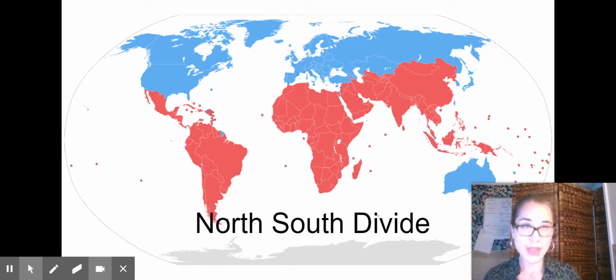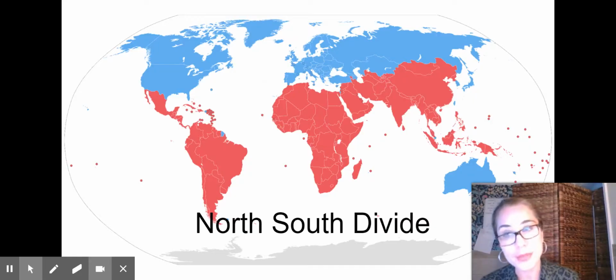Okay, so we've come to the end of all of these specific indicators, and now I want you to think about patterns. When we think about patterns of development, it's important to look at the big picture and think about what is where. This map shows something we refer to as the north south divide. If you were to look back through each map we examined from this lesson, you would notice the trends.